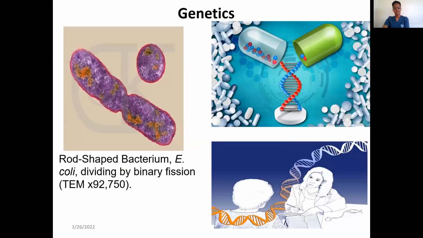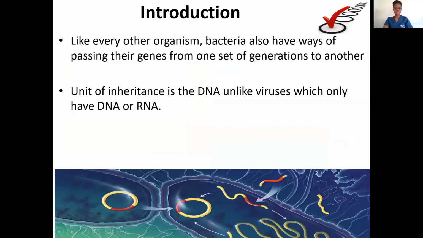So these are the things we are going to discuss, including the replication of bacteria, what we use bacterial genetics for, for example, doing the preparation of antibiotics and so on. And then in genetic engineering, where we have the gene splicing and so on.